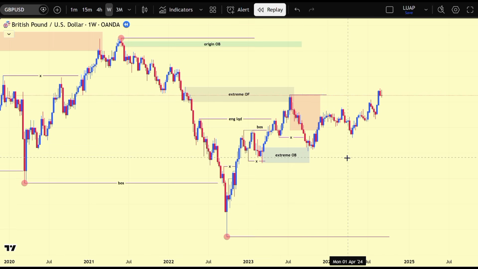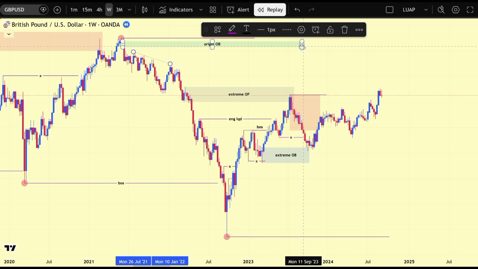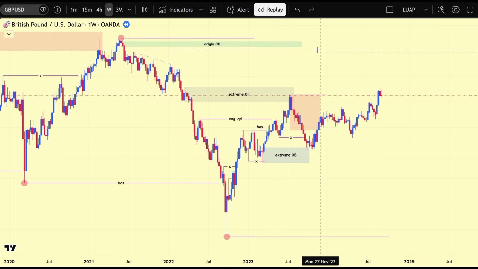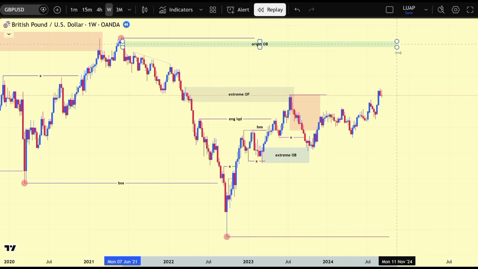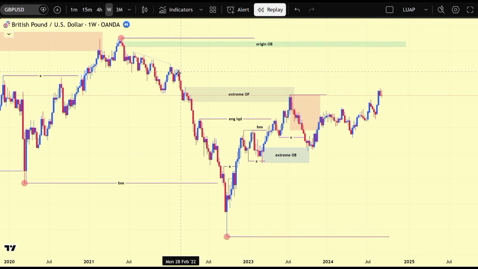So this means that price is looking for additional buy side liquidity, probably mitigating the next reversal area before making that ultimate sell all the way towards the external liquidity. So exactly right here, the next reversal area or the next valid POI is the origin order block, and all of this is actually buy side liquidity. We all know at every valid pullback high there is some liquidity resting above there, and of course that liquidity is buy side liquidity.